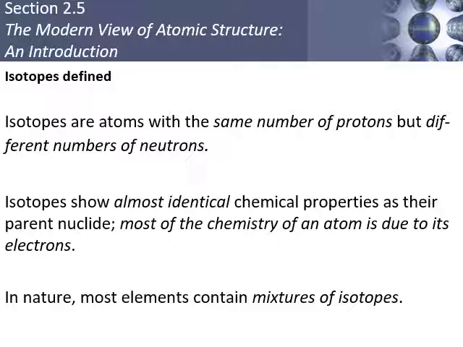And some things, like gold, always have the same atomic number, which is 79, but varying numbers of neutrons. Some atoms can have a whole lot of different numbers of neutrons, so they can have a whole lot of different isotopes. In nature, as you read at the bottom here, most elements have mixtures of isotopes.